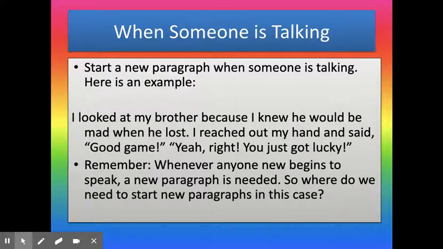If Jenna's going to talk, we need a new paragraph still. "All right, team 2, what do you think?" Asked Jenna. Now, if Jenna continues to talk, since she's the same person, we do not need a new paragraph.